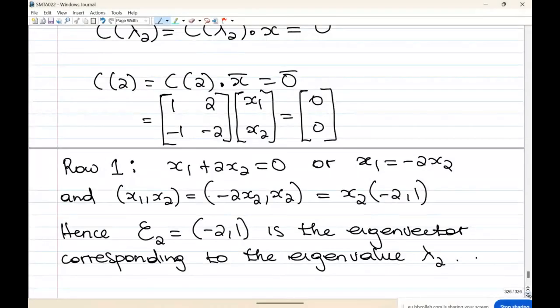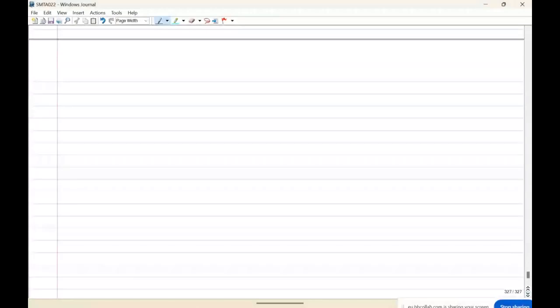So let's check something here. The examples that we are going to do now are common examples. Check this one.